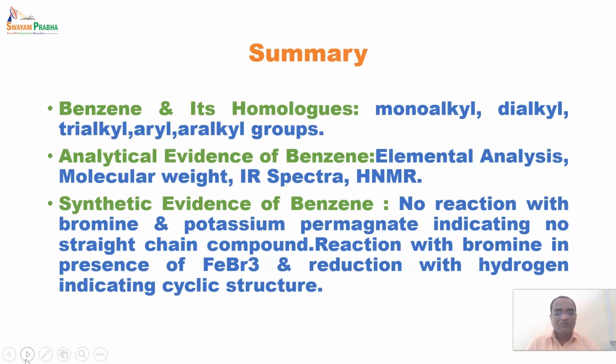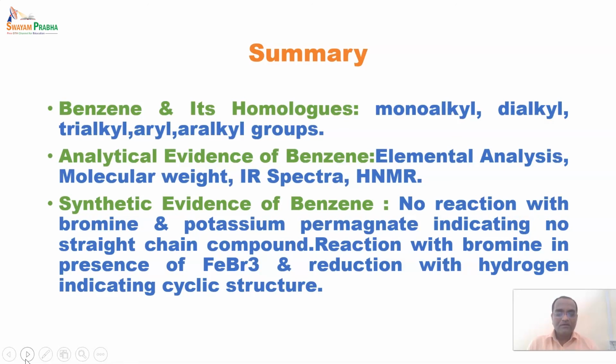Benzene is not a straight chain compound. This was indicated by reactions with bromine in CCl4 and potassium permanganate, which did not give a saturated compound, and it did not react with these, and also not with acidic water. So there was no reaction. It indicated that the compound is a cyclic one, not a straight chain one. Since it is not a straight chain compound, the next option is cyclic only.